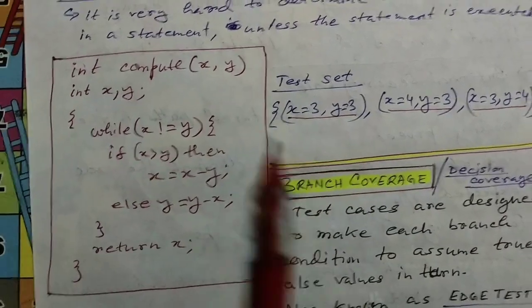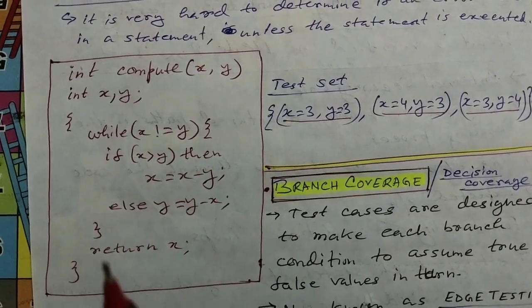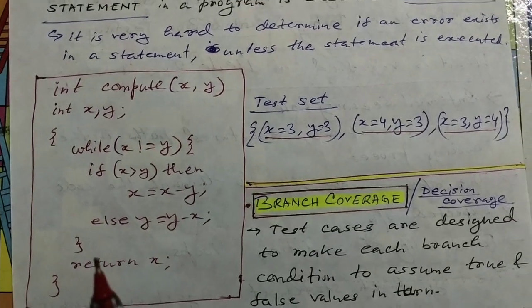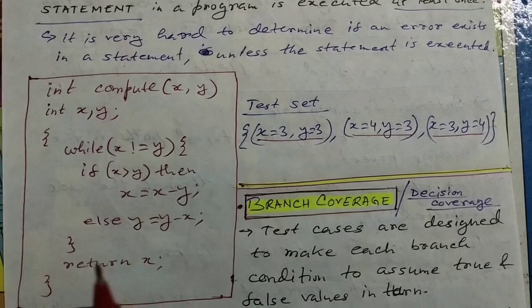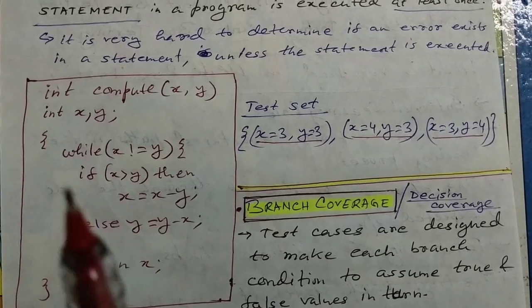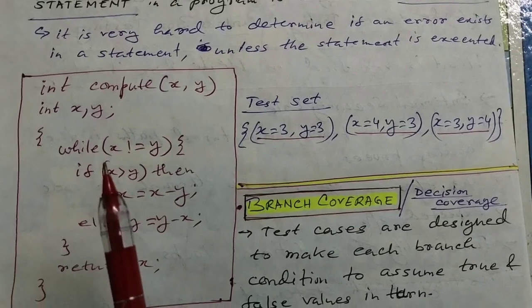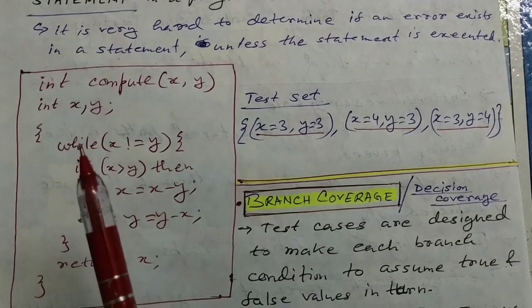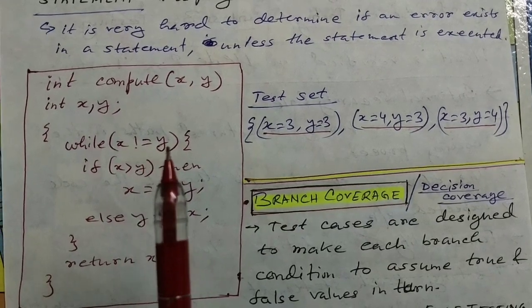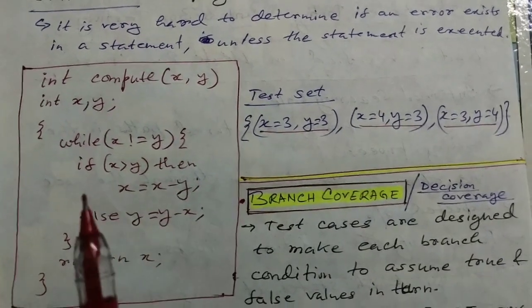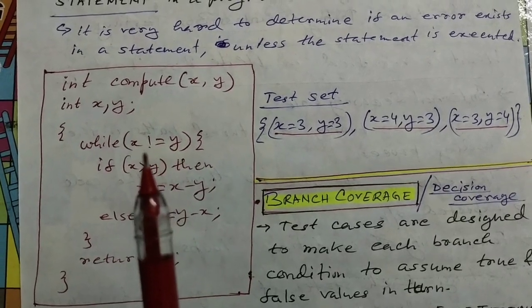So in this algorithm there are many statements. Each and every statement will be checked or verified here in white box testing by the technique of statement coverage. How? See, suppose we consider this condition x not equals y. It can either be satisfied or it may not be satisfied.